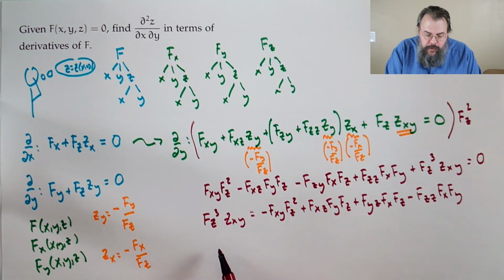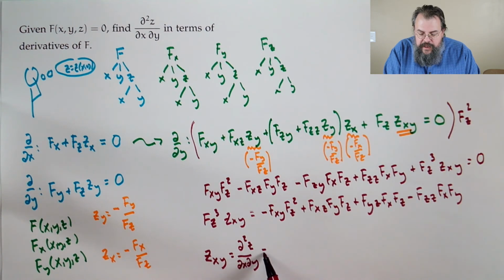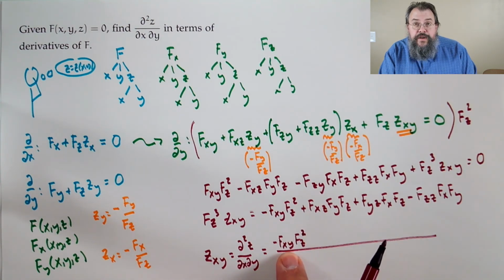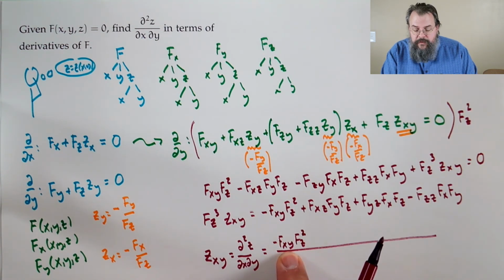So we come to the conclusion that zxy, this term right here, which is a shorthand notation for partial squared z, partial x, partial y, is equal to, well, copy it down again, minus fxy times f quantity z squared. So this is take mixed partial derivative of f sub x and take that with respect to y.